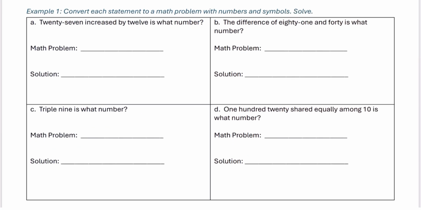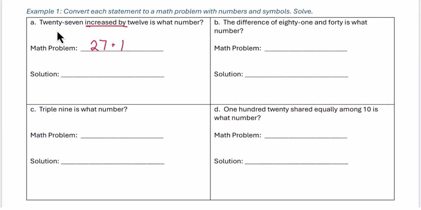In this example, we'll start with direct translation. 27 increased by 12 is what number? Notice that increased by is the key phrase. We need to make sure we know how to translate that. We have 27, and then increased by is addition.